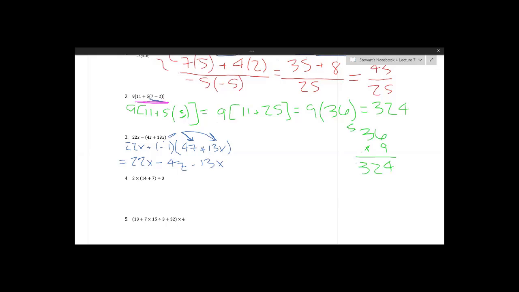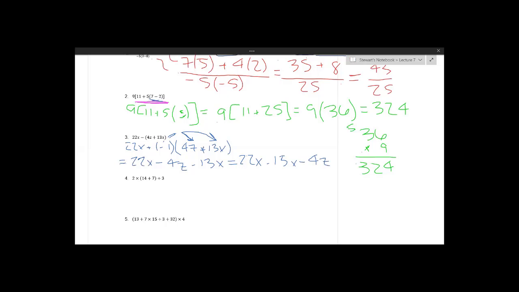And then from here, we can rewrite this to combine like terms, because addition is commutative. So we have 22x. This -13x can be moved as long as we move the negative sign with it. So we have -13x, and then -4z.